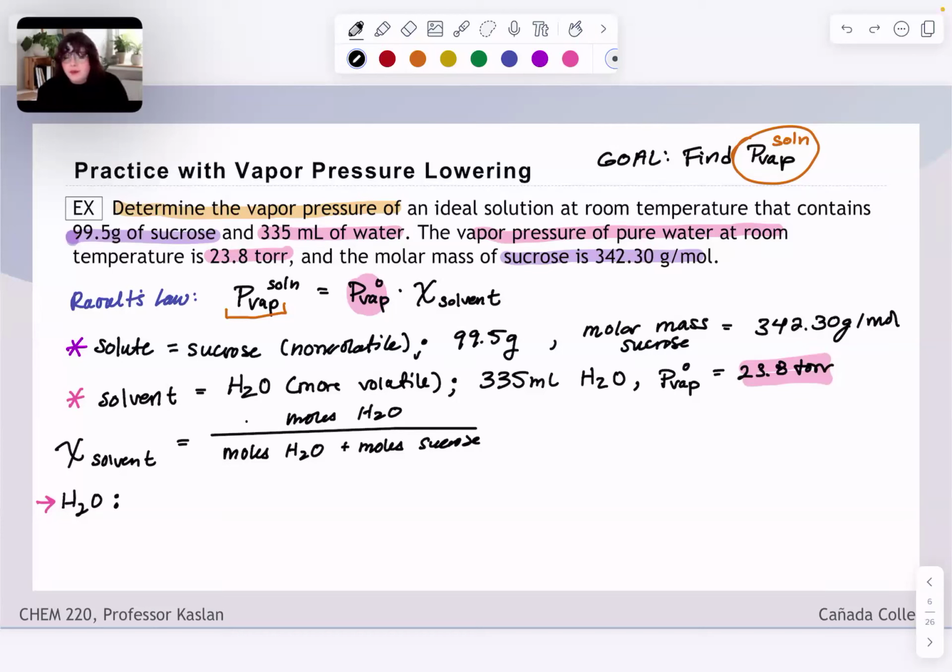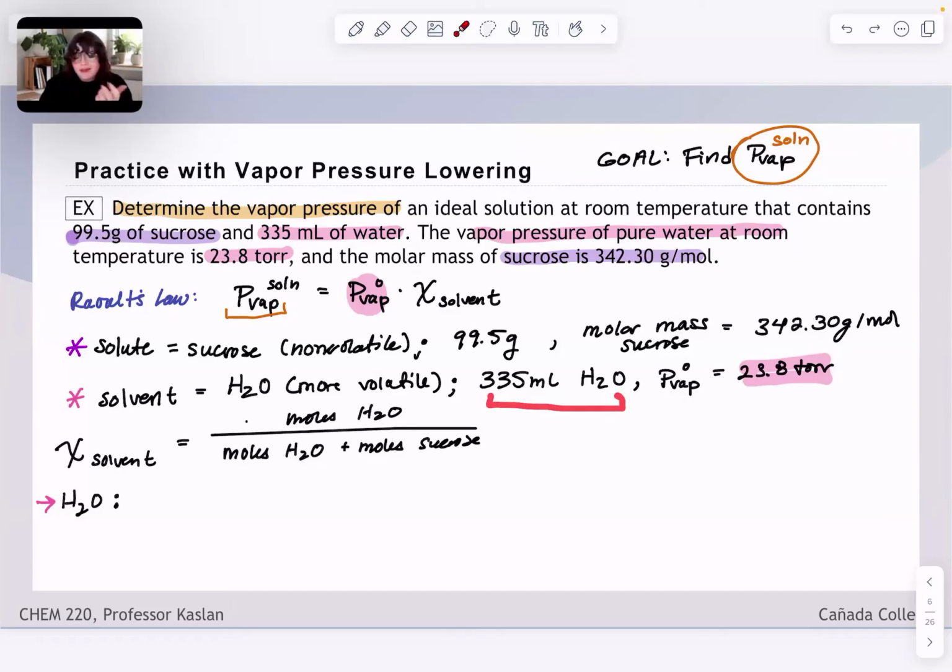Another thing that we might remind ourselves of is the utility of molar mass, which relates moles of a substance to a mass of a substance. And water is a very lovely compound in the sense that, in general, at room temperature, the volume of water is equal to the mass of water because the density of water is approximately 1 gram per mL.